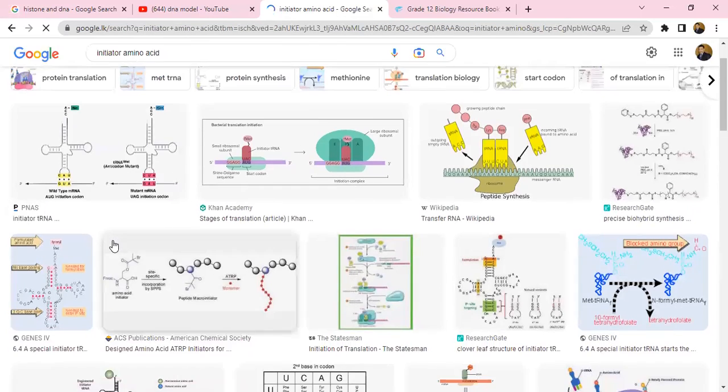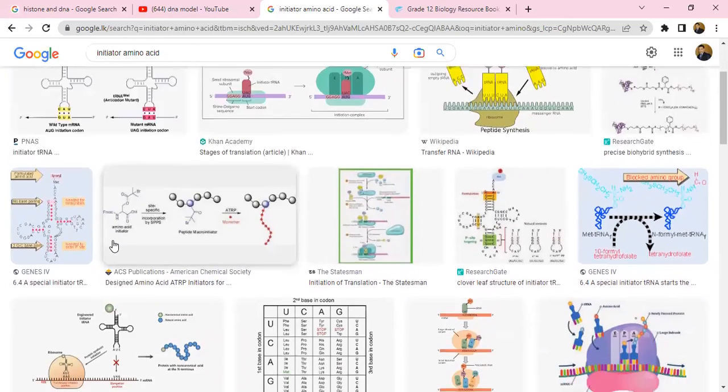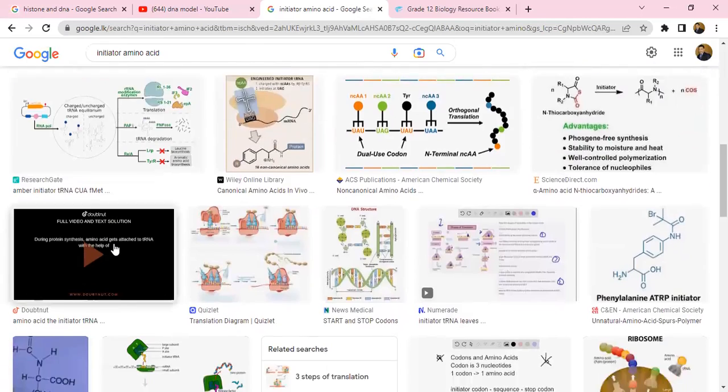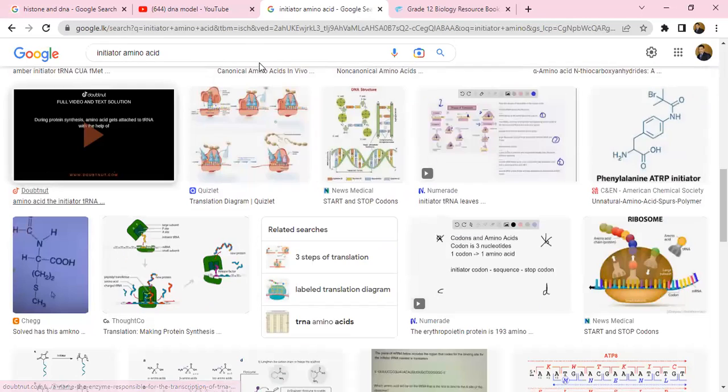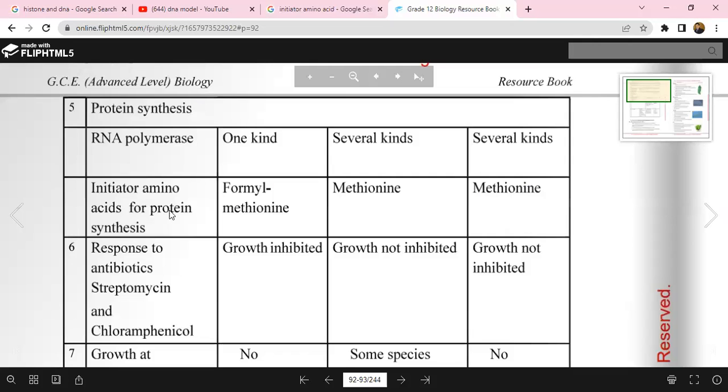Why? They will come at the front of the chain. Clear? So who has formyl methionine? Domain bacteria. The other two have methionine. Understood? Good.